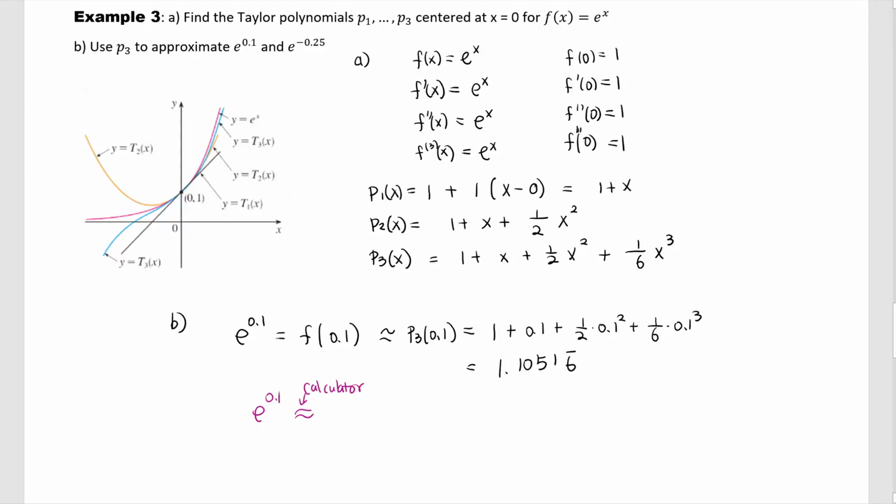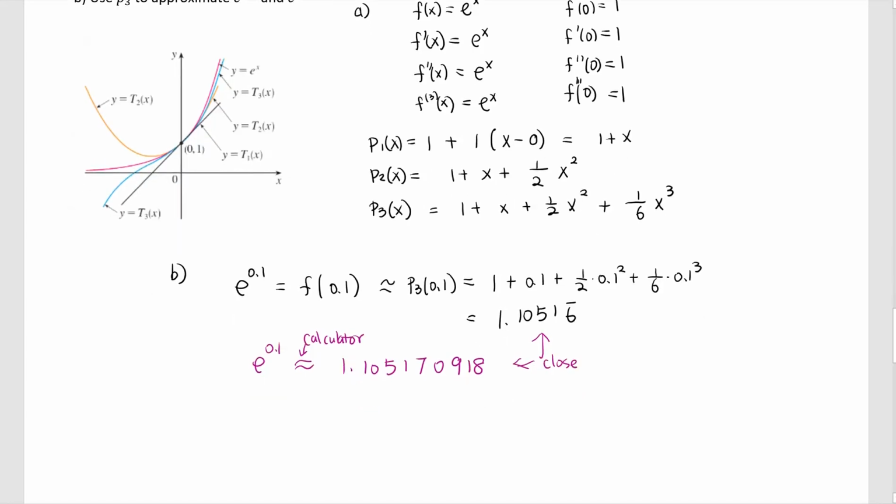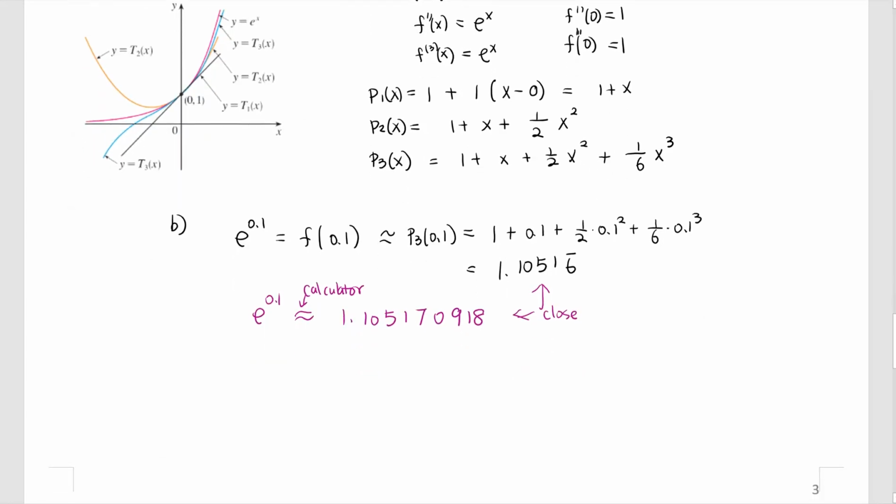So e to the 0.1, that is 1.105170918. Are they close? Yeah, quite close. So it means we're doing right. If you get an answer that is quite different, maybe you made a mistake, so check your work in that case.